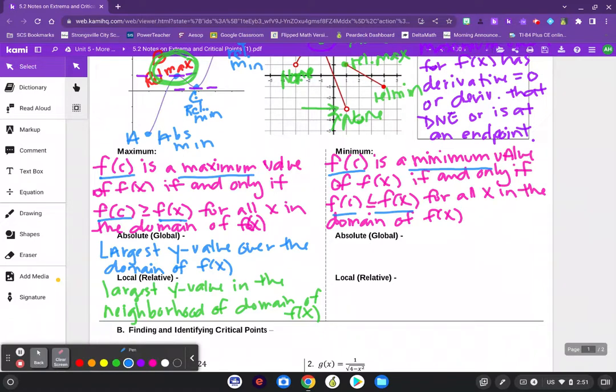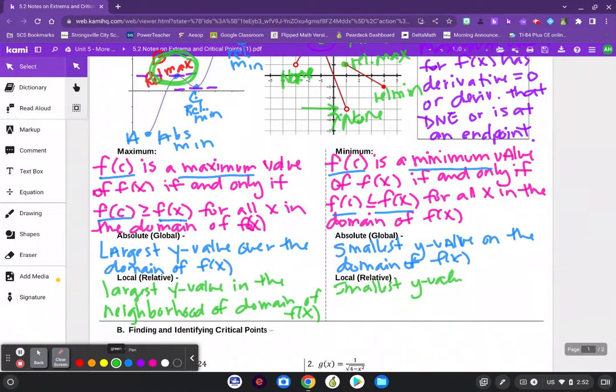Absolute, again, would be not the largest, it would be the smallest. If we're talking about an absolute min, this would be the smallest y value on the domain of f of x. And if I'm talking local, then I'm saying it's the smallest y value in the neighborhood of the domain of f of x.